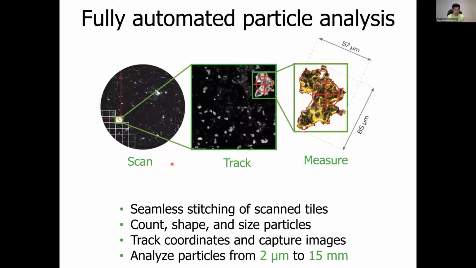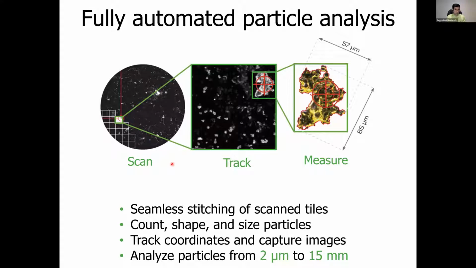Not only that, it will remember the location of every single particle that it has detected so that it can go back to it later and identify those particles. And if needed, it would also take pictures of every single particle.